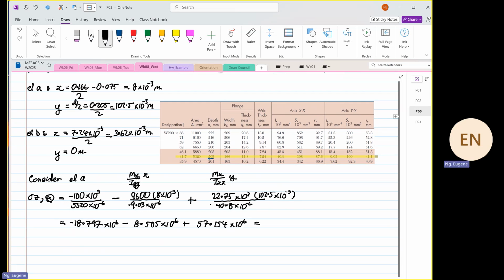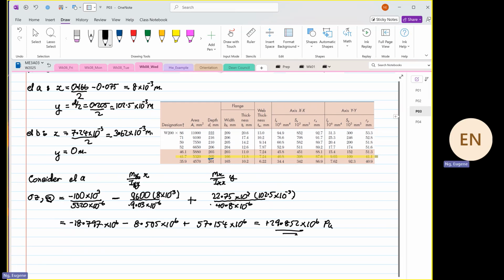Let me do it again. Minus 18.797 minus 8.505 plus 57.154 is 29.852 times 10 to the power 6 Pascal. This is the normal stress.